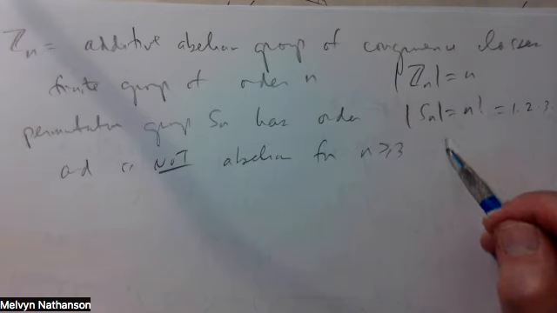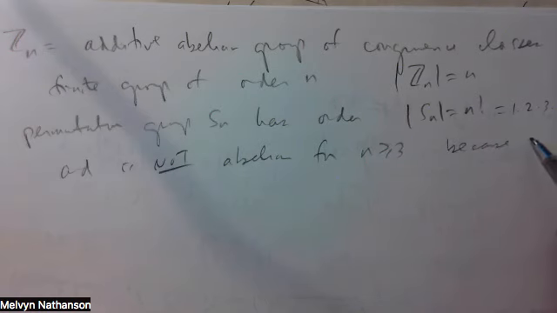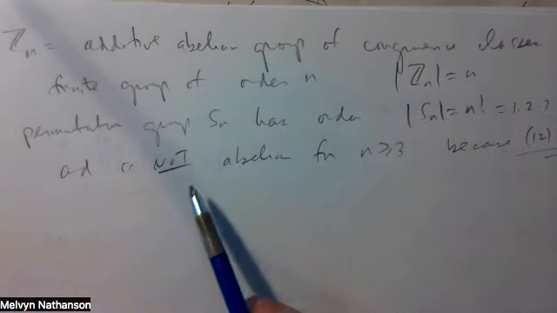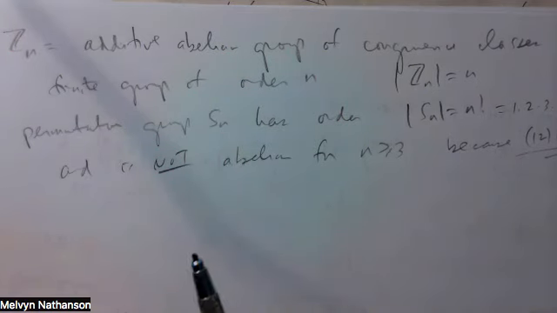Because every one of these groups contains the 2 cycles (1 2) and (1 3). And we just saw that if you multiply them in opposite orders, you get different permutations. So every symmetric group is non-abelian, so long as n is at least 3. As long as you have 3 numbers, you can pick 1, 2, and 3.